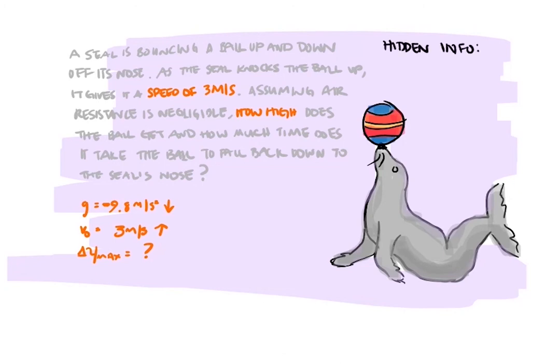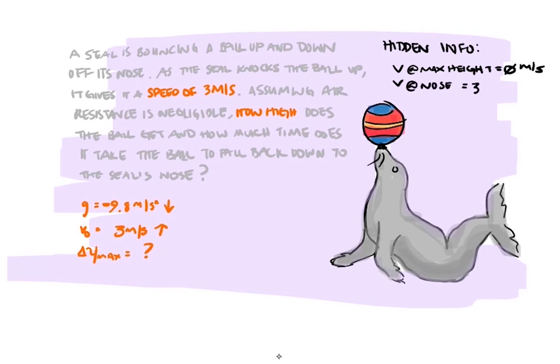The fact that the ball is in free fall doesn't just mean the acceleration is 9.8 meters per second squared. There's more that's predictable about this motion. Like, for instance, that the speed at the highest displacement is 0 meters per second, and that the velocity just before it reaches the seal's nose again is 3 meters per second downwards.